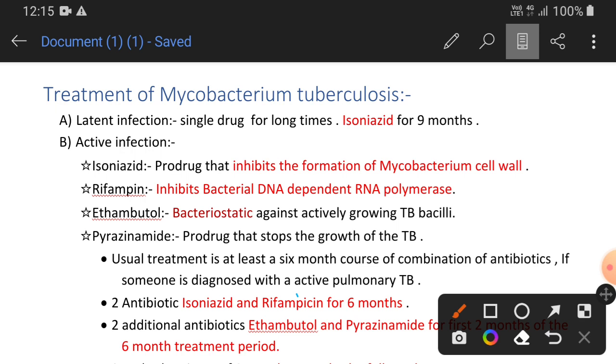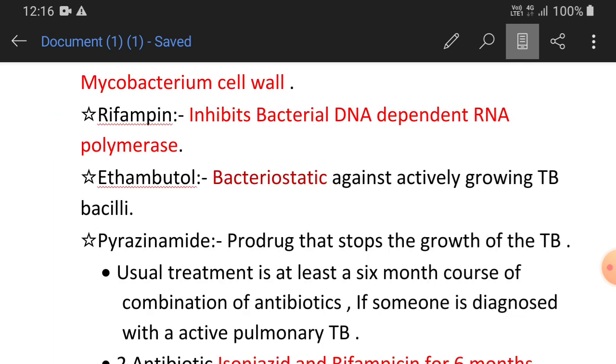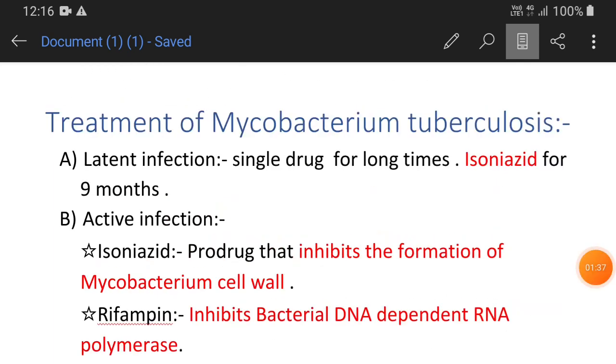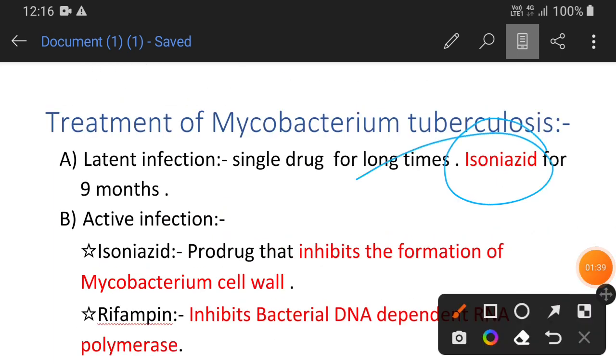Latent means the immune system is totally controlling the situation, and the Mycobacterium tuberculosis is inside our body but dormant. Under such circumstances you can use only one drug for a long time, especially Isoniazid for 9 months. So what is Isoniazid? Isoniazid is a cell wall synthesis inhibitor, but it is especially for Mycobacterium tuberculosis.